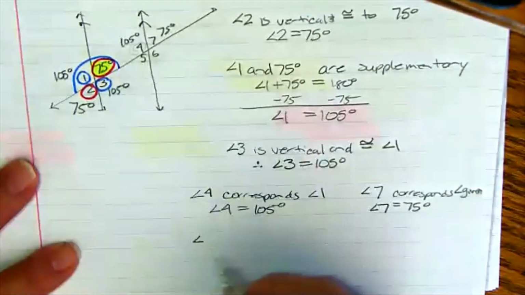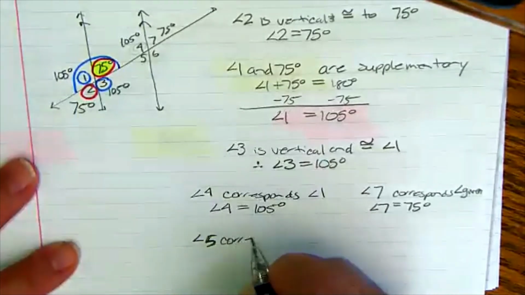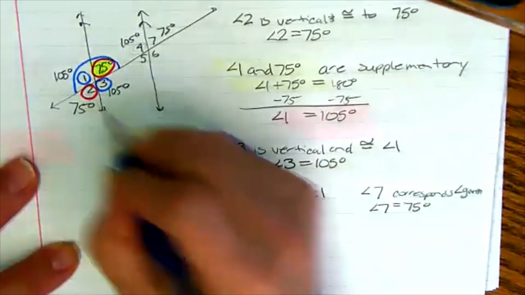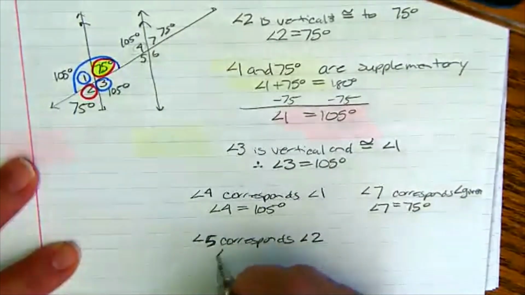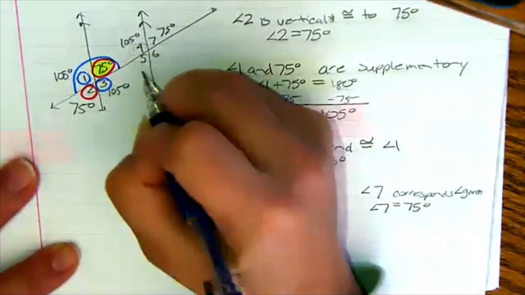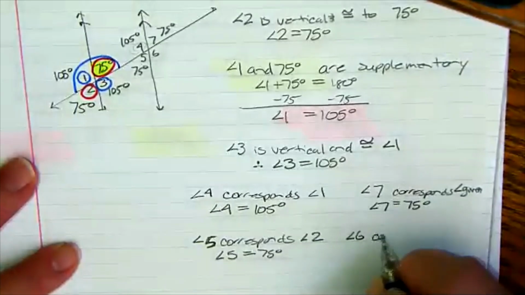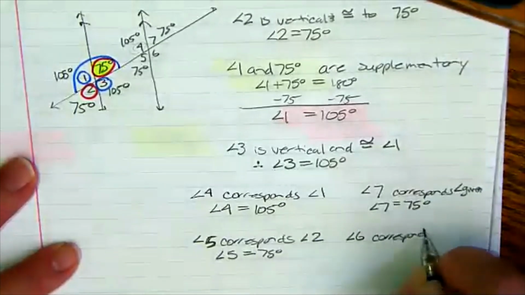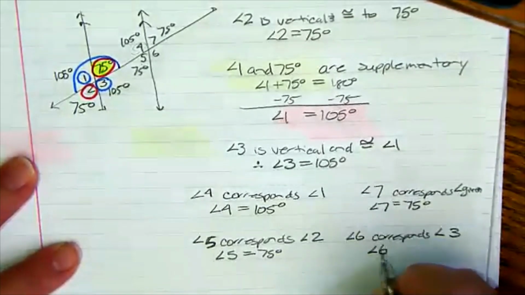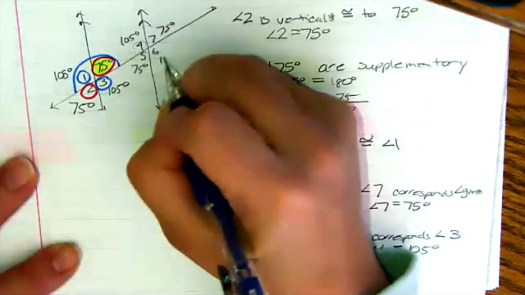Angle 5 corresponds to angle 2. Therefore, angle 5 is equal to 75 degrees. And angle 6 corresponds to angle 3. Therefore, angle 6 is equal to 105 degrees.